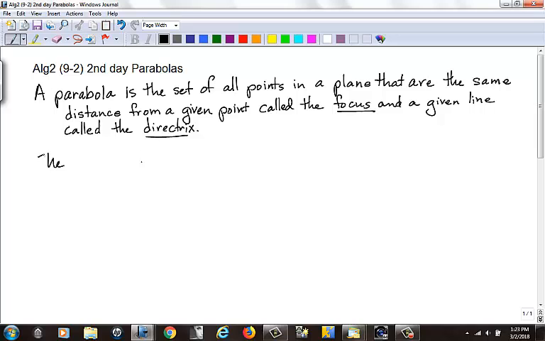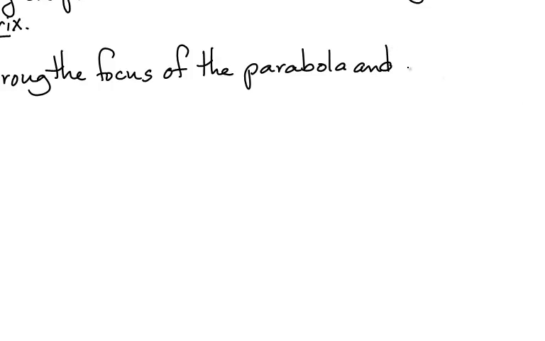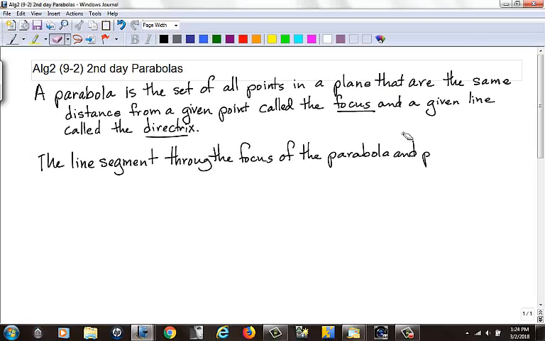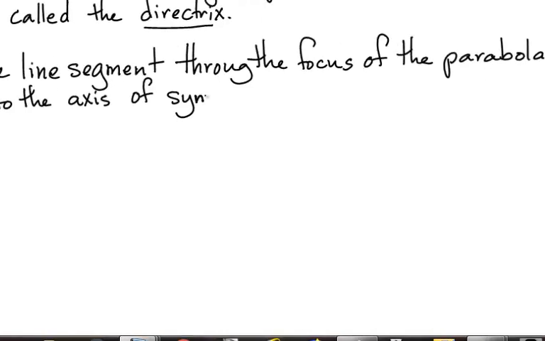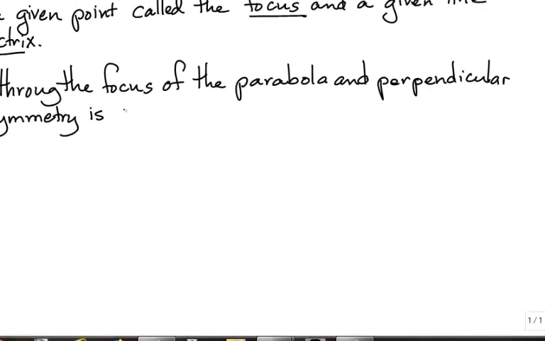The line segment through the focus of the parabola, and it goes through the parabola and perpendicular to the axis of symmetry, this has a special name, it's called the latus rectum.